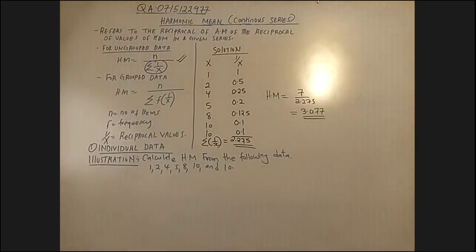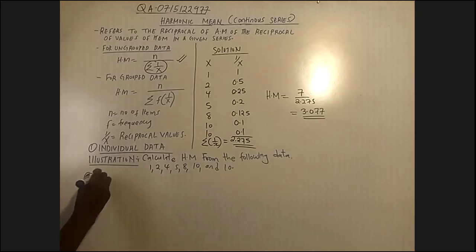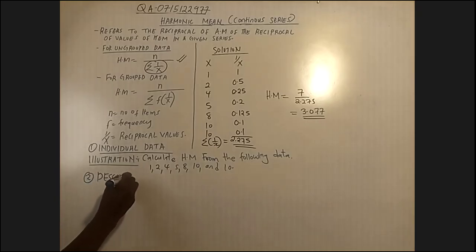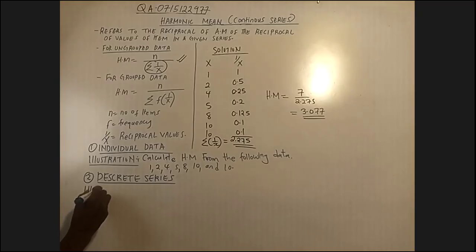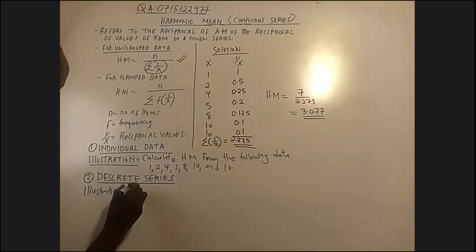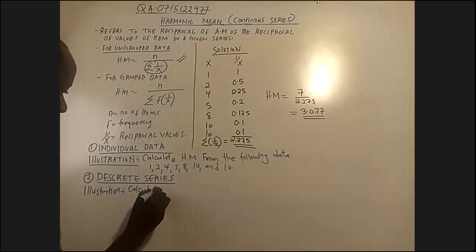Let us go to discrete data or discrete series. That one is illustration number 2, discrete series. Illustration: calculate HM from the following data.